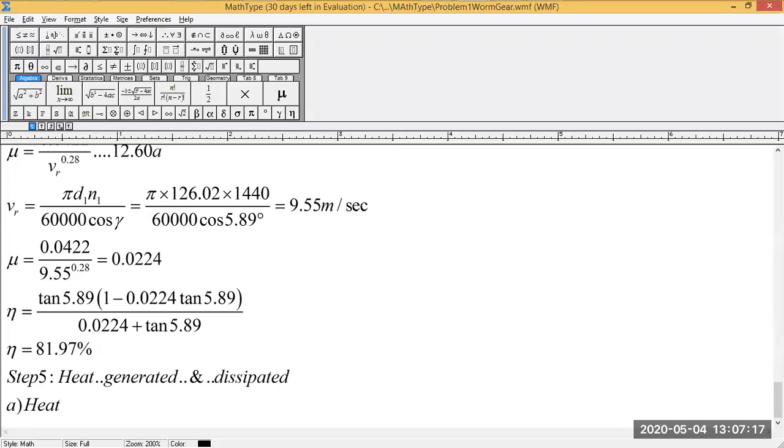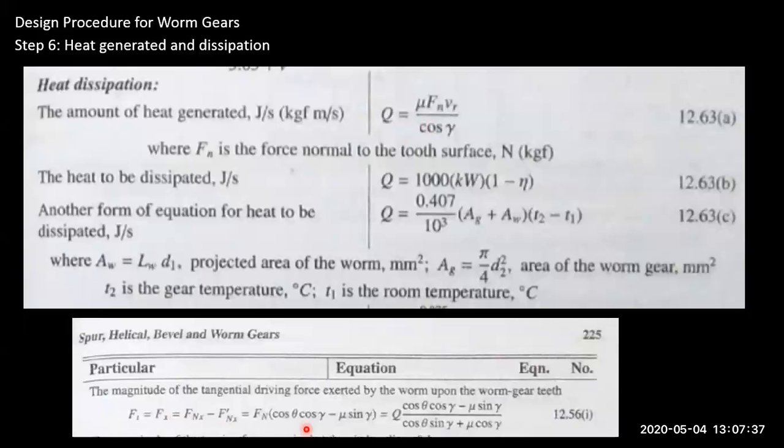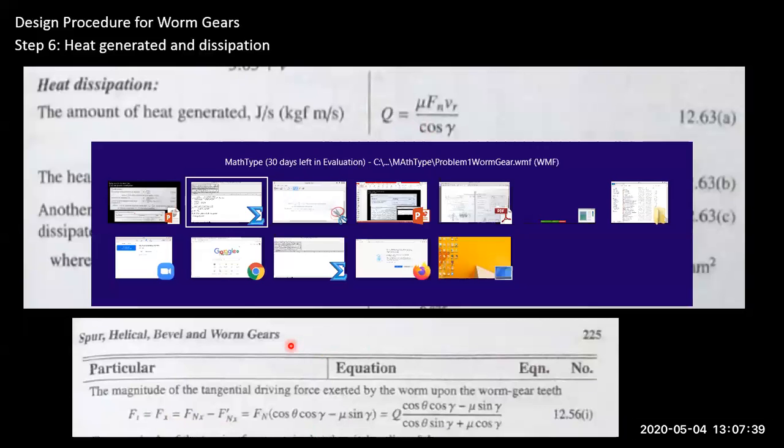Part 1: heat generated. Heat generated is given by this equation here. So Q is F Vr cos. Only Fn I think we need to find the value. Fn, yeah, Fn is here. So let's quickly find out.